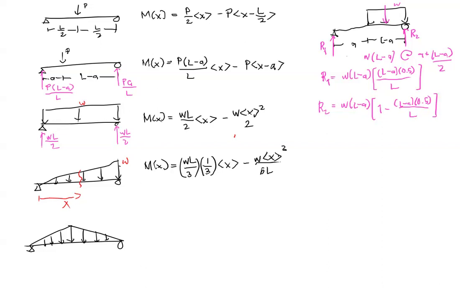Napapansin mo parang weighing functions. Actually, yun lang yung magiging recurring theme niya. So, knowing this, may makukuha ka na moment function. Ano yung magiging moment function natin? Yung R1x, then yung omega mo only starts at x minus a.